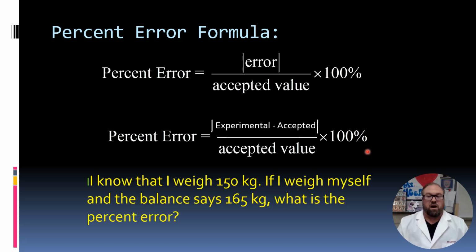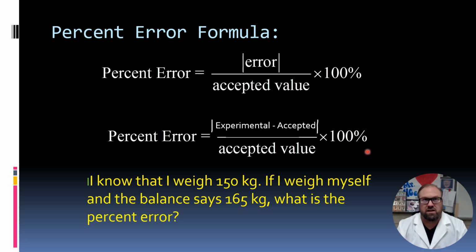So an example of a problem where you might be required to use the percent error formula says this: I know that I weigh 150 kilograms. If I weigh myself and the balance says 165, what is the percent error? In this case, what is the error built into the balance? How far is it off? Knowing that I weigh 150 kilograms would come from a balance that is reliable.